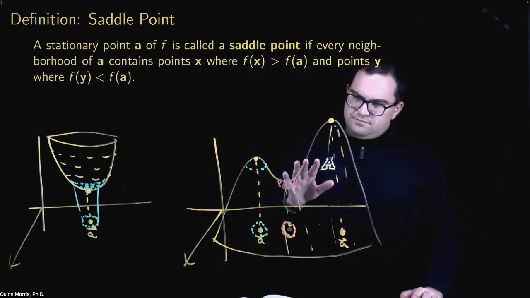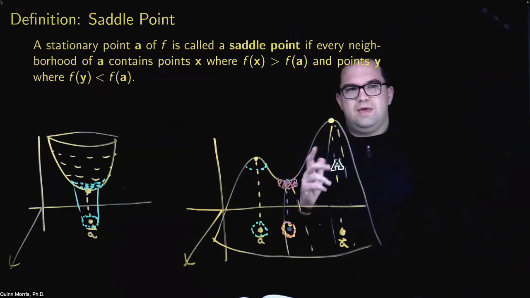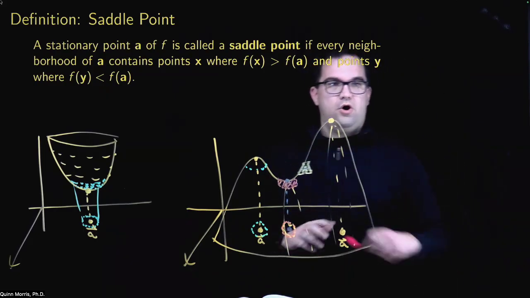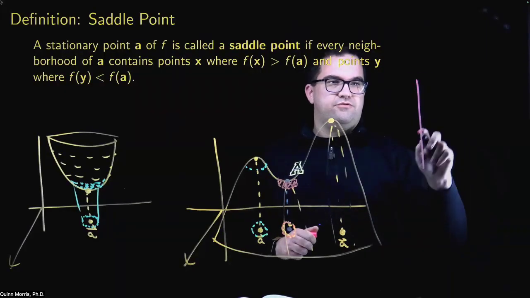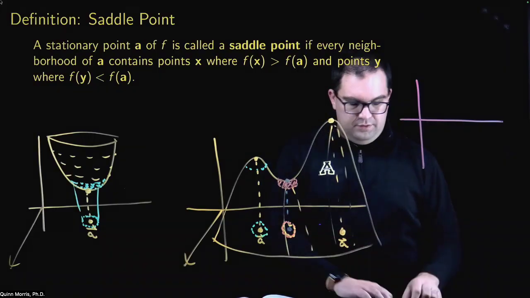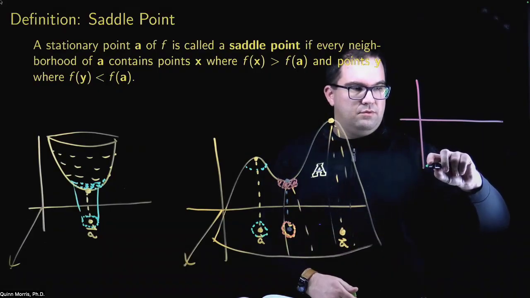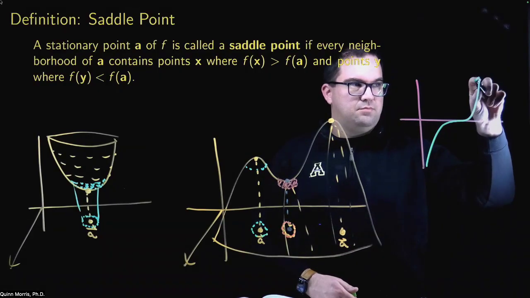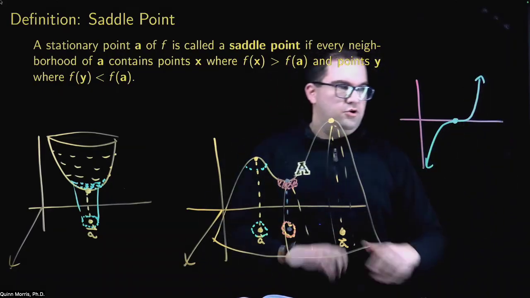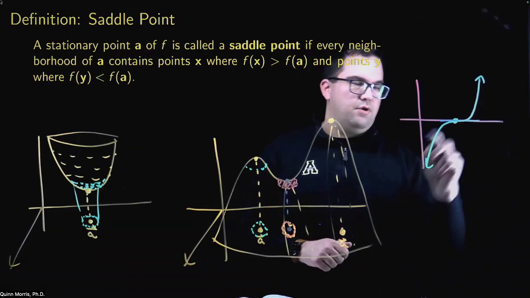Now, you could argue that we either do or don't have these if we just think about functions from R to R. I think it's fair to say that we do have these, they're just slightly different. You probably would have called these inflection points in a calculus course. So at this point you had a derivative equal to 0.